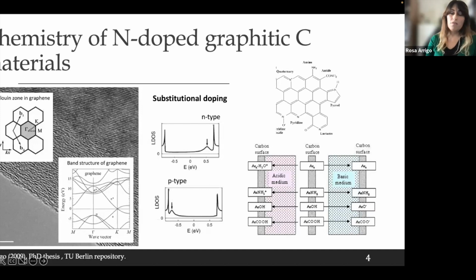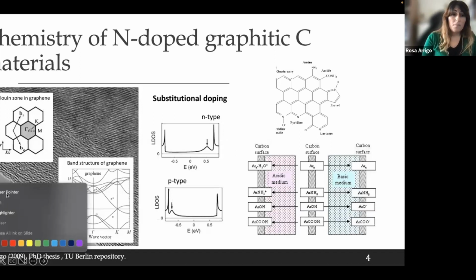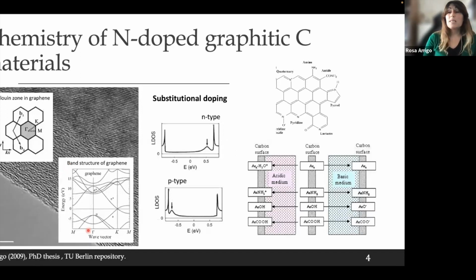Now, if you consider nitrogen doping of graphite, and you look at the electronic structure of graphite, graphite is a semi-metal or a zero-gap semiconductor, and the K point is the point where the valence band and the conduction band meet.